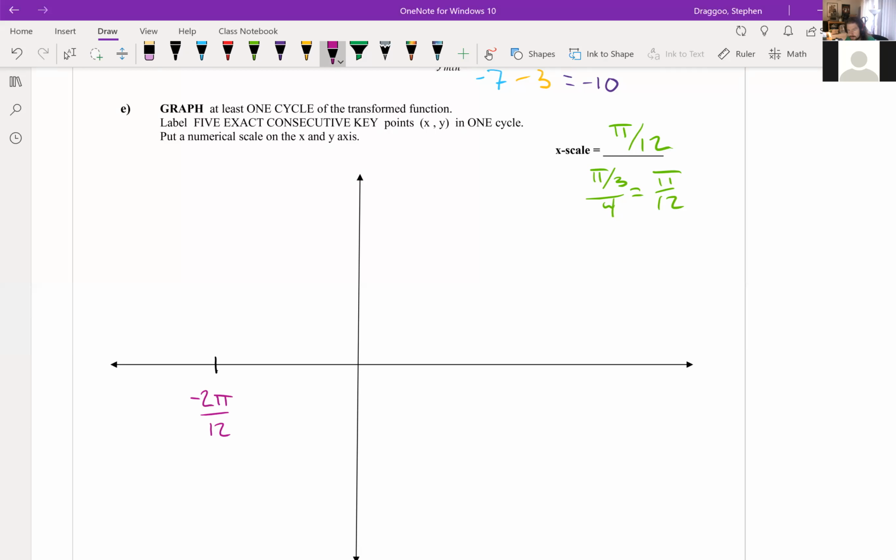Negative 2 pi over 12, same as negative pi over 6. And then I'll need to count out 4 more tick marks. 1, 2, 3, 4. And count by pi over 12s. So negative pi over 12, 0, positive pi over 12, 2 pi over 12.